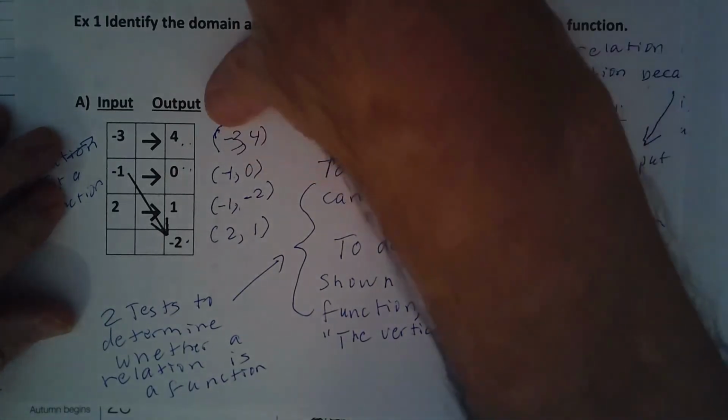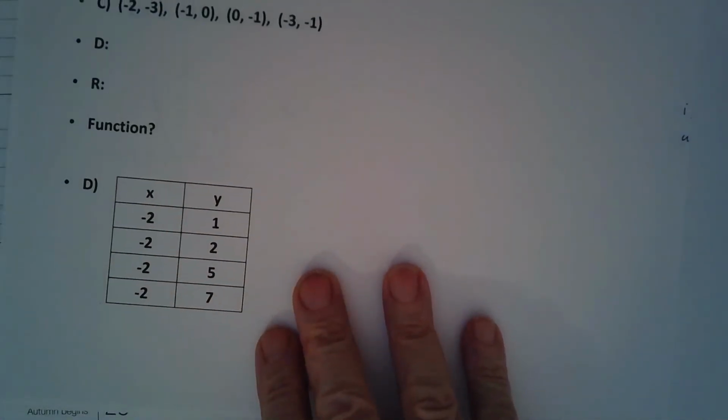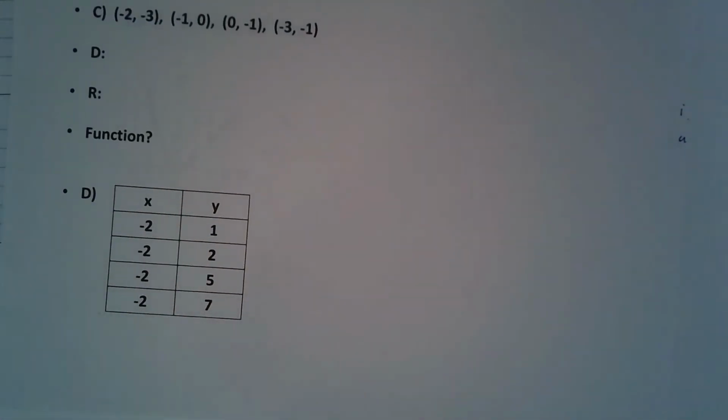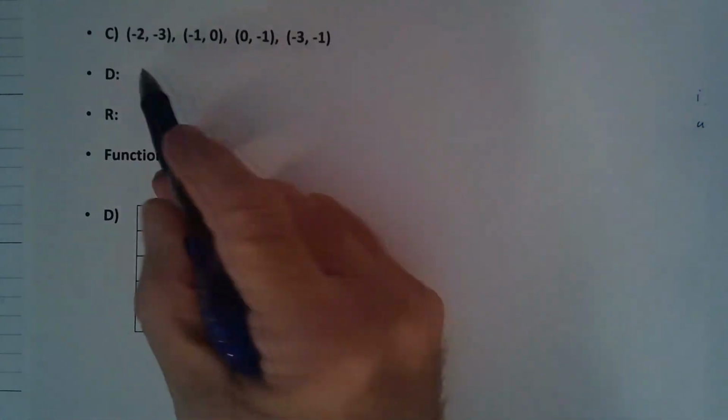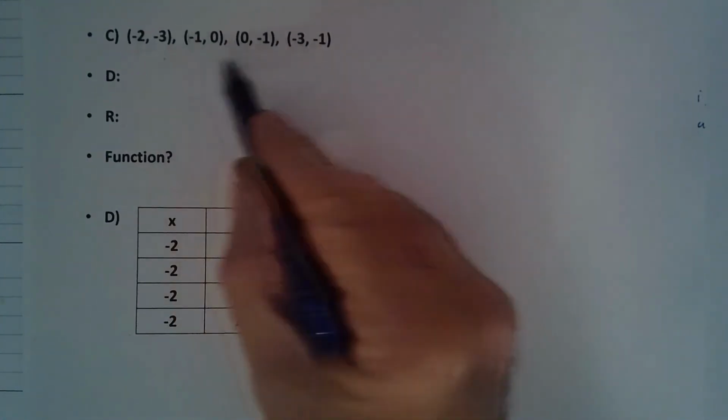All right. So now what I want to do is just show you some examples of other ways that you could see a function and how you would set up the set for it. I've got right here some ordered pairs.